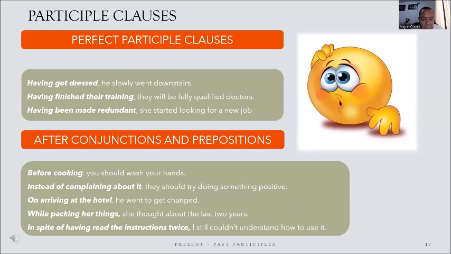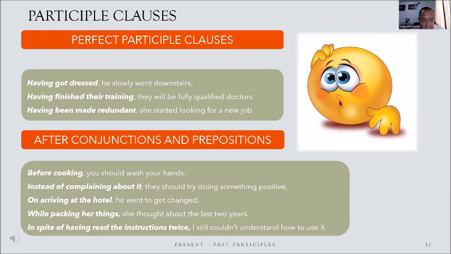It is also common for participle clauses, especially with -ing, to follow conjunctions and prepositions such as before, after, instead of, on, since, when, while, and in spite of. For example: Before cooking, you should wash your hands.